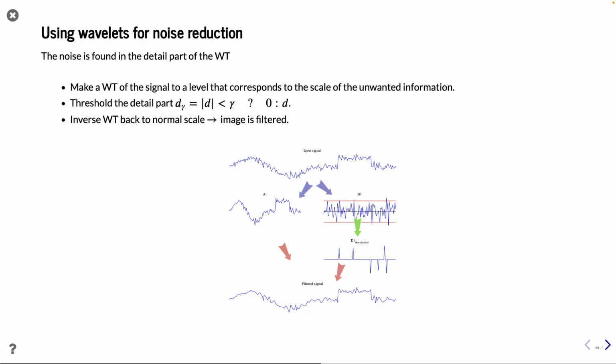That's the reasoning at least, and must be kept. And that gives us that the thresholded signal looks something like this. And we put those together. We take the trend and this one instead of that one, and then we have some filtered image.